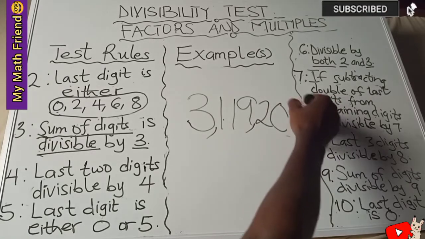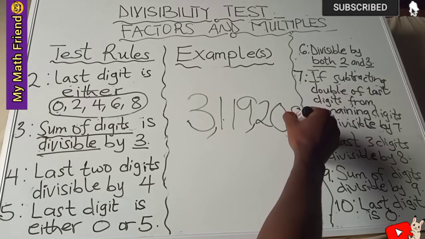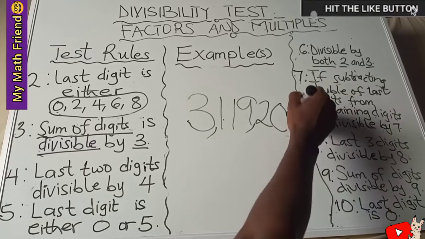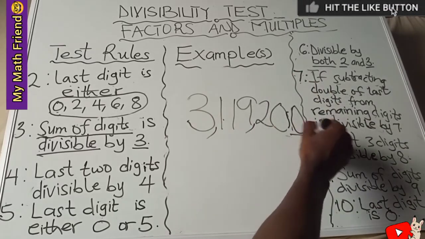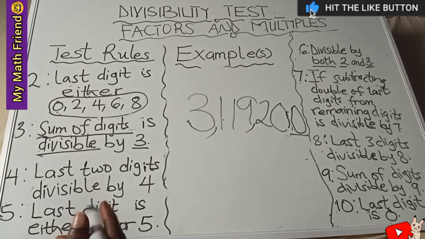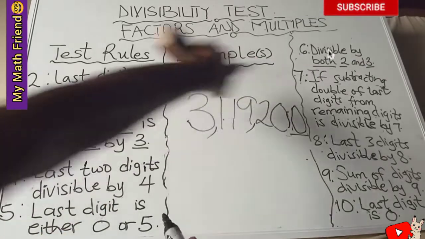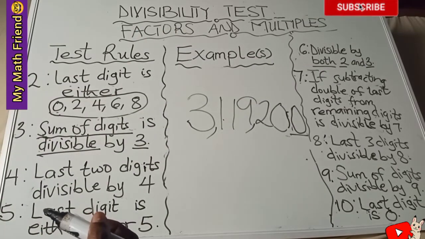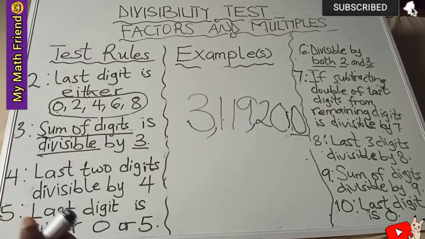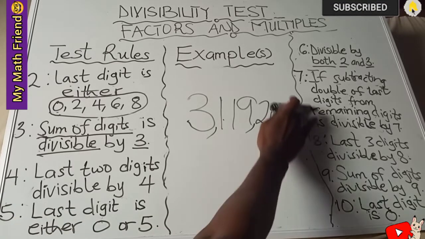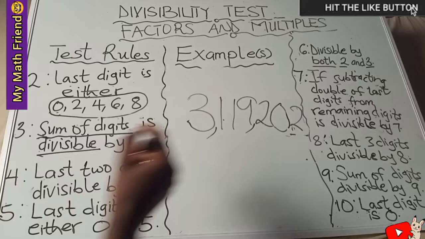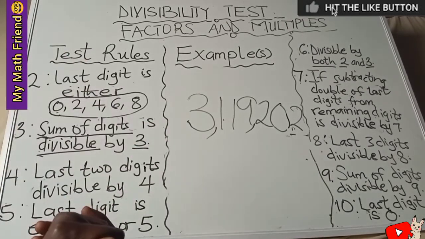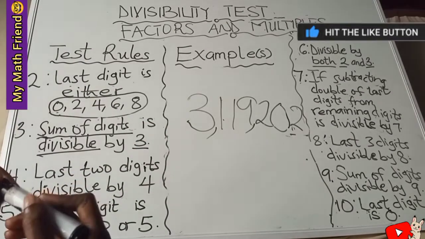Let's say the last digit is 0. Then it fits the rule, so the entire number is divisible by 10. What about 2? No. The only rule is that the last digit should be 0.